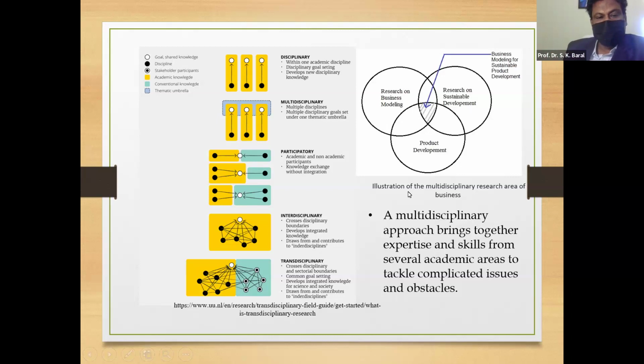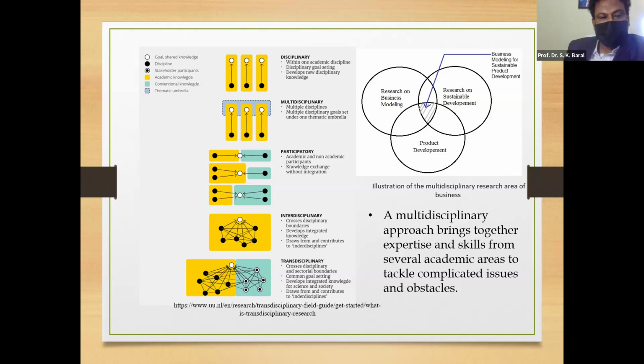And the third figure you just see, my dear friends, participatory. In participatory, you have 2 colors. One is gray, one is yellow. So always participatory research carries conventional knowledge as well as academic knowledge. Participatory research could be possible with the conventional knowledge and academic knowledge.